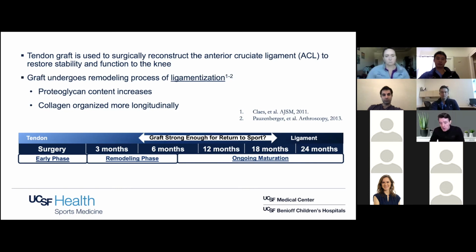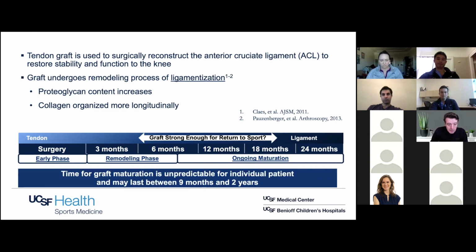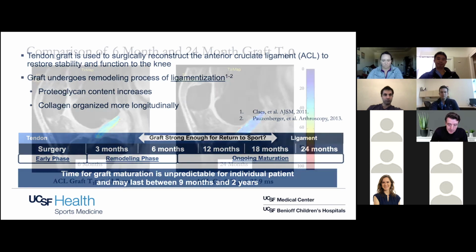So a bit of a controversial question, but something to think about. There are no good physical tests at this point in time. There's a lot of discussion around that. It's still somewhat surgeon dependent at this point, you know, the 9 months to 2 years.